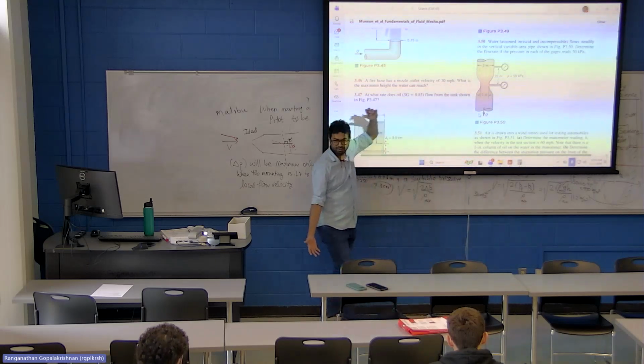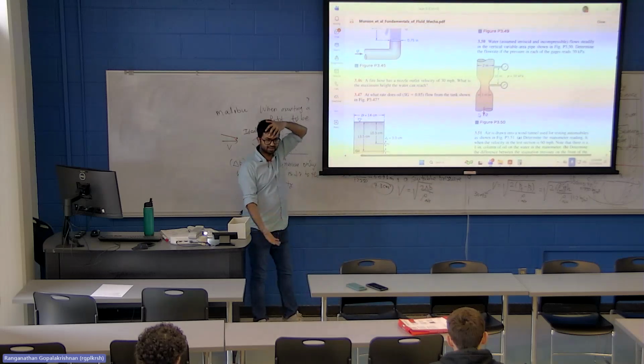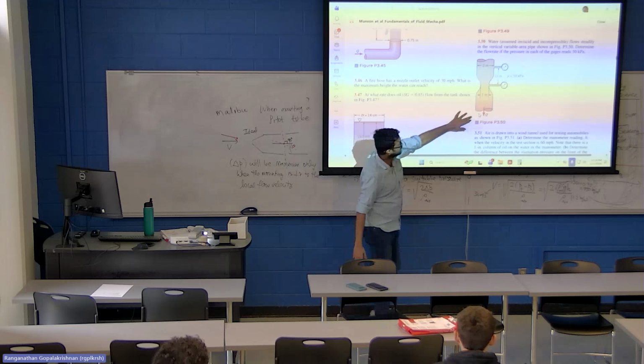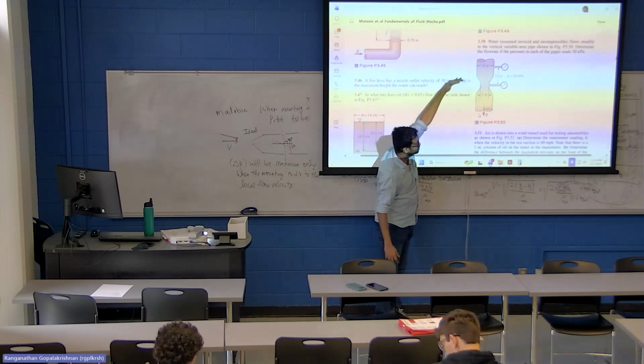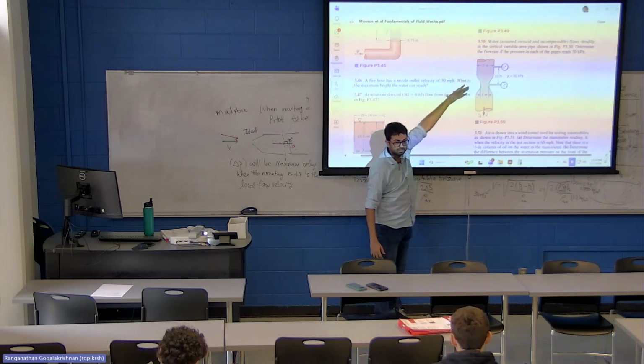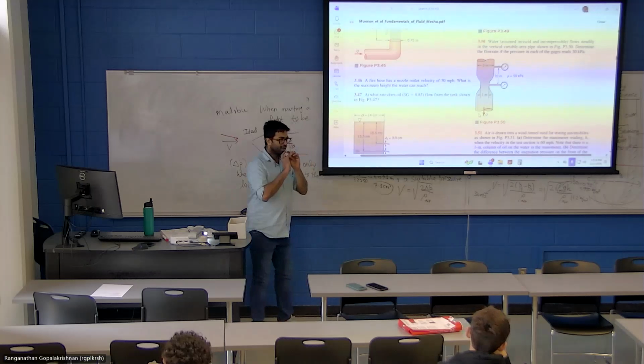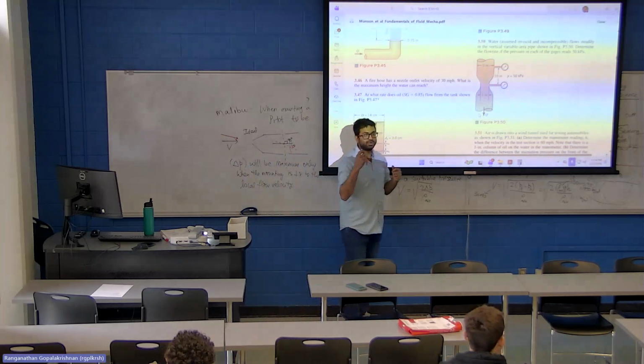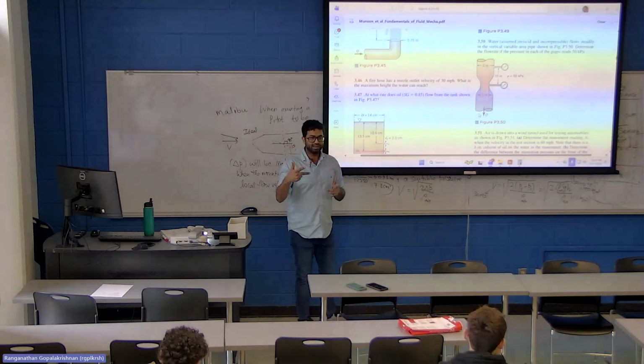Would you agree with me? Because mass is conserved and density is constant, Q is a common value for every cross section in this tube. The next step in Bernoulli is understanding which are the 2 sections you really need.